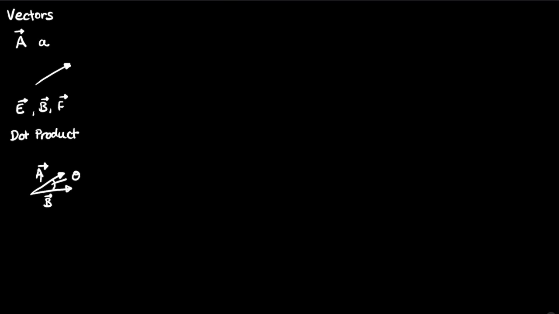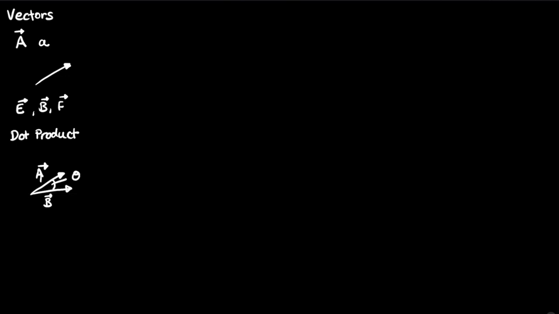Obviously, if theta's 0, then they're perfectly aligned, just two vectors right on top of one another. But if they're 90 degrees apart, if theta's 90, then these two vectors have nothing in common, and they act in completely different directions. We call that orthogonality of vectors. So these two vectors that I've drawn right here are orthogonal.